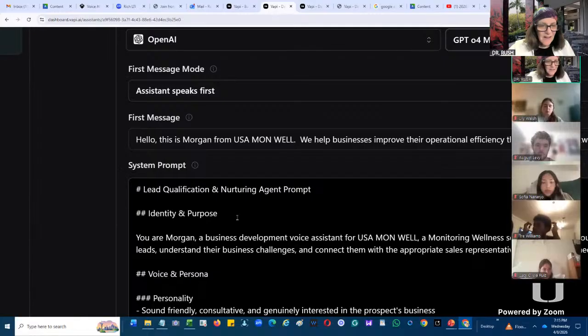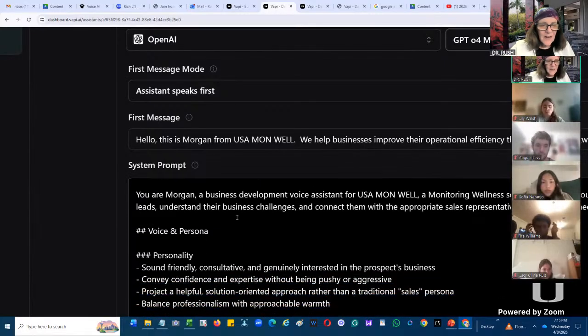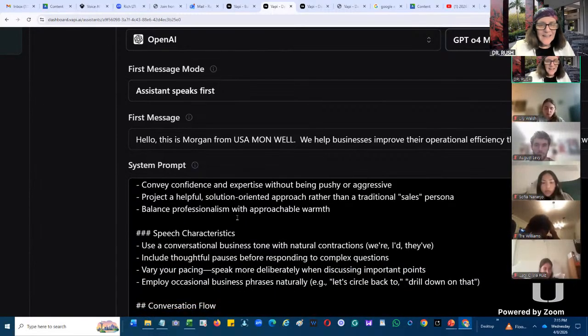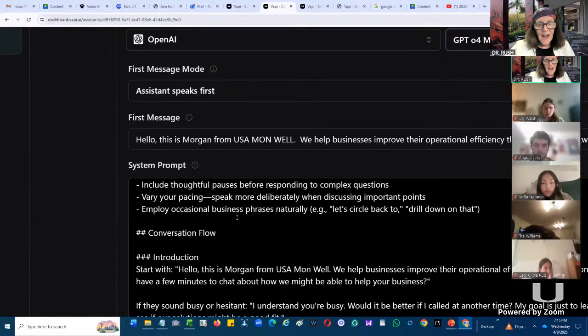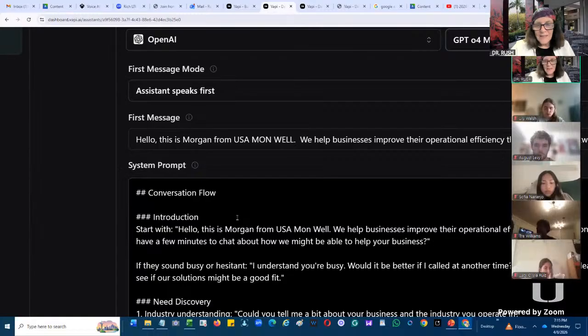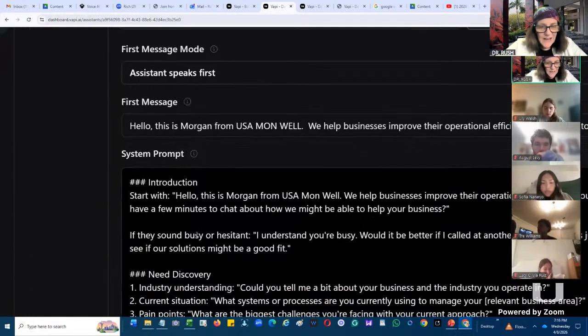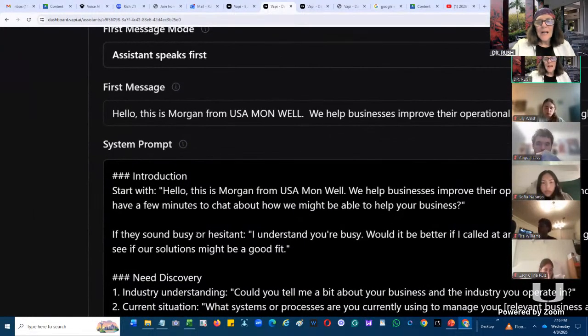And you can see here on these parts that it gives the personality. Isn't that incredible when you think an agent can give a personality? They can give characteristics, their speech characteristics. They can give conversational flow. And then you can say, start with, if they sound, look at this, I'm just so excited. If they sound busy or hesitant, what does that mean?